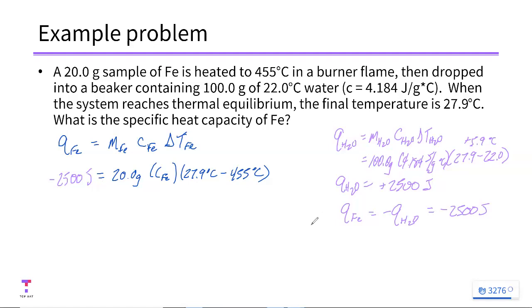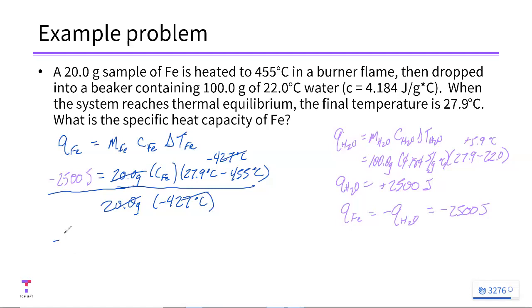I also want to do the subtraction. So 27.9 minus 455 is negative 427 degrees Celsius. But to find the value of C, I need to divide both sides by the 20.0 grams and the negative 427 degrees Celsius. On this side of the ledger, they cancel.